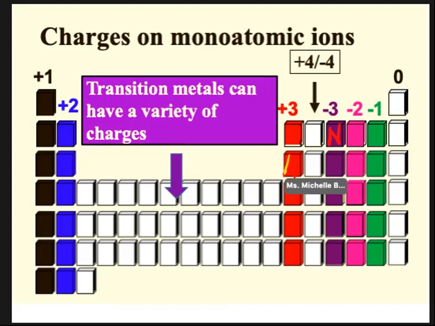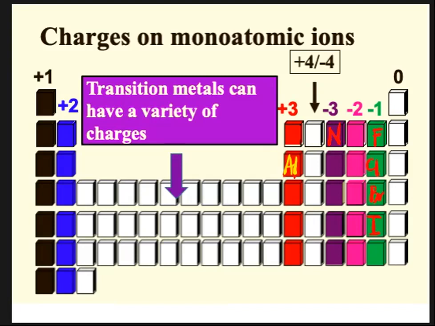Aluminum is here. Therefore, the charge of aluminum is +3. Okay. We have fluorine, chlorine, bromine, iodine. The charge that will be used for each of the element is -1.